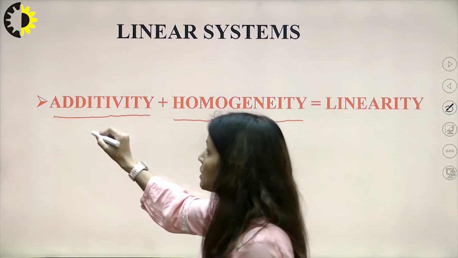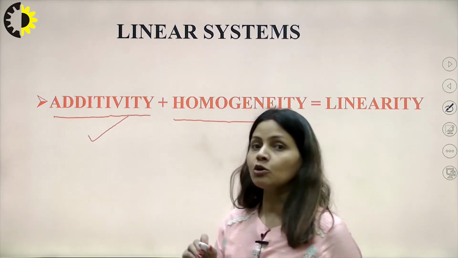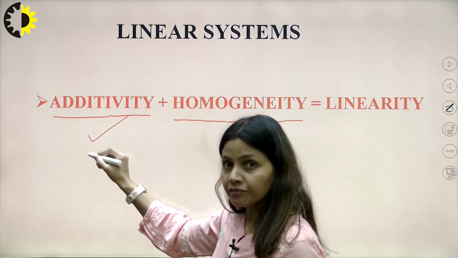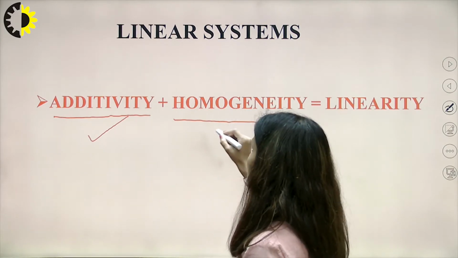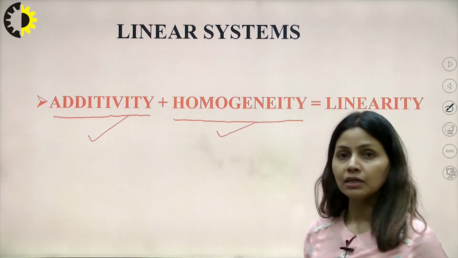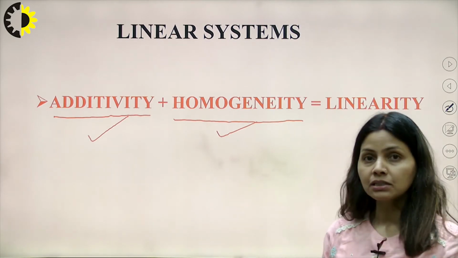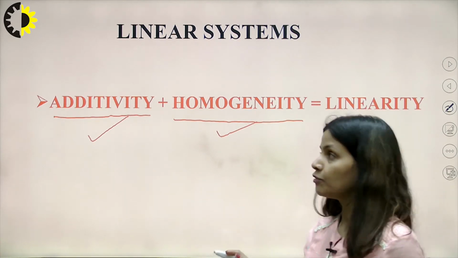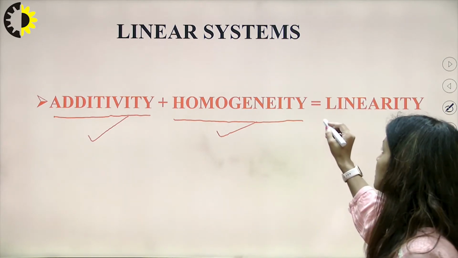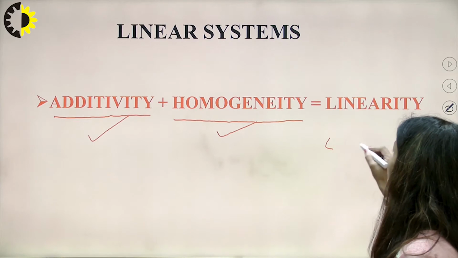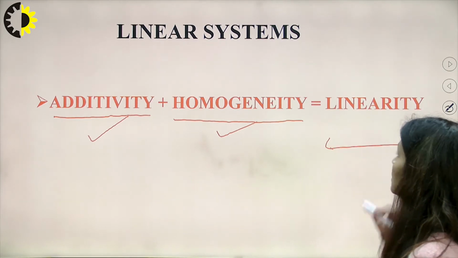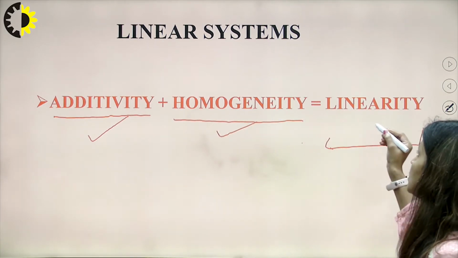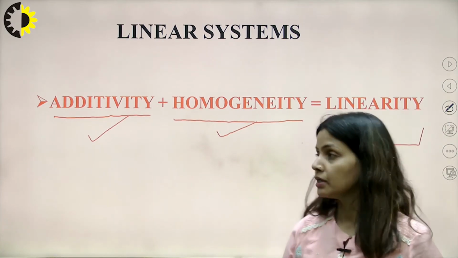That means the system will be said to be linear only if it holds additivity plus homogeneity, both properties together. So, additivity plus homogeneity is equal to the linearity property.